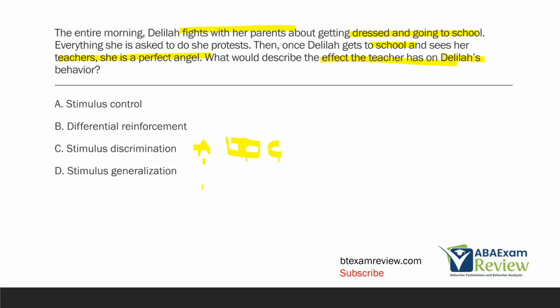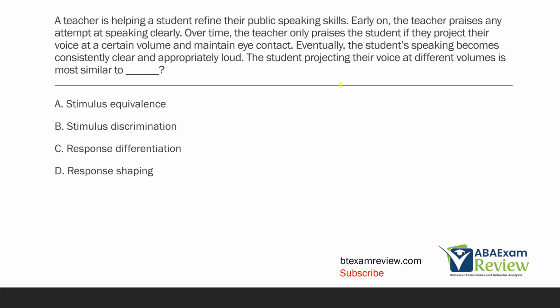And then stimulus generalization is when a response occurs in the presence of multiple stimuli. Obviously, what's happening here, we're describing behavior of Delilah in two different situations. Since her behavior changes in the presence of the teacher, the teacher has stimulus control.